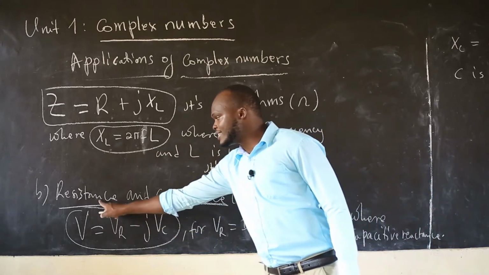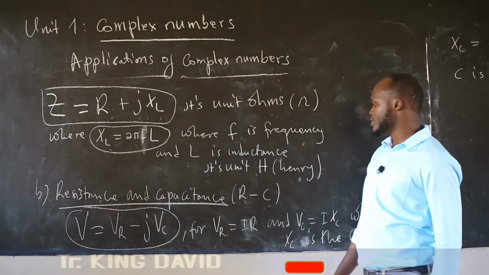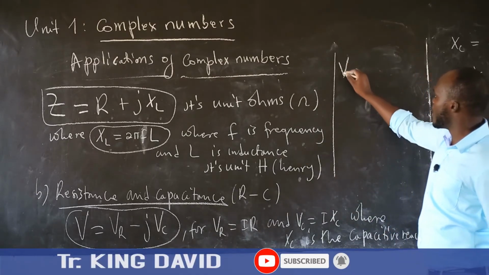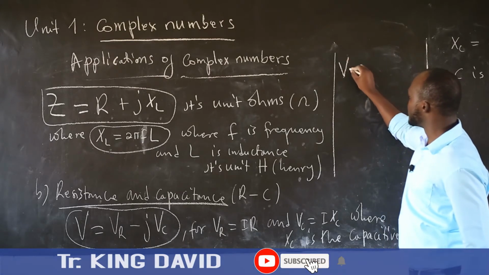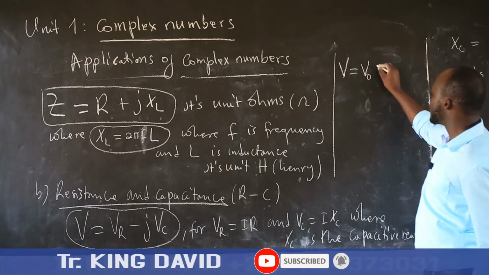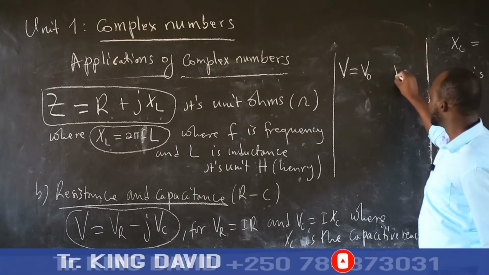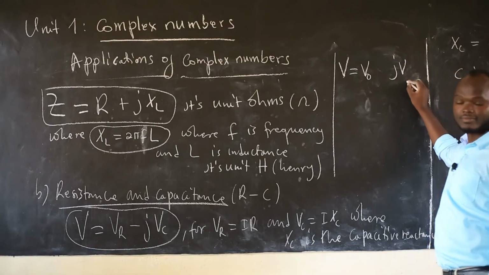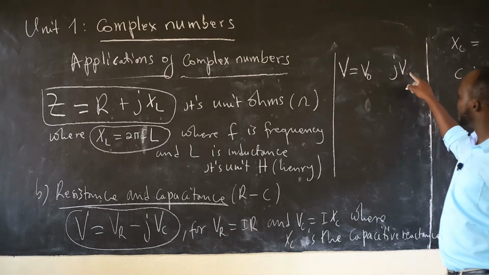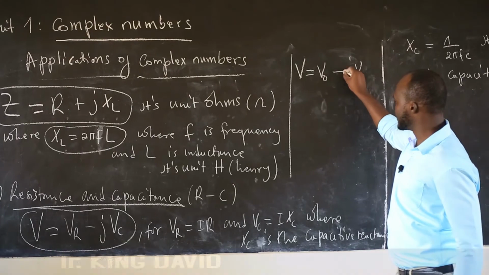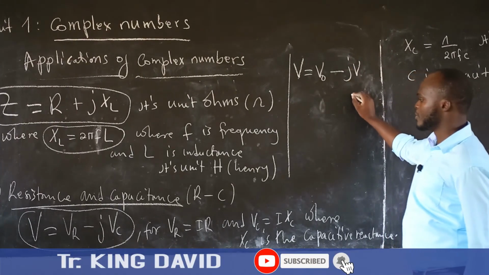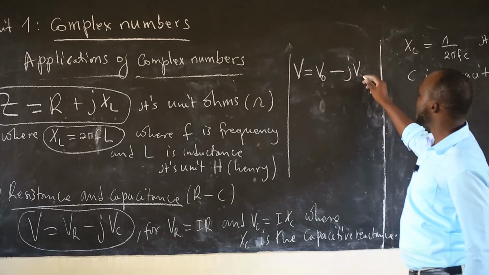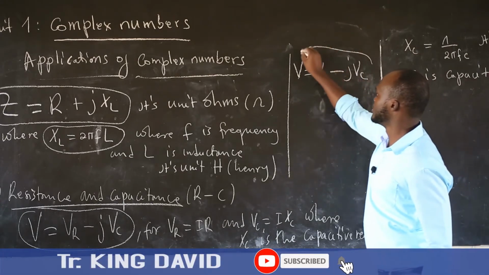Instead of V equal to VR plus jVL, which we have seen, now it is not plus, it is minus. Where there is capacitance, it is VR minus jVC. It changes.